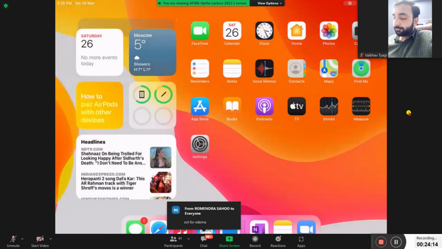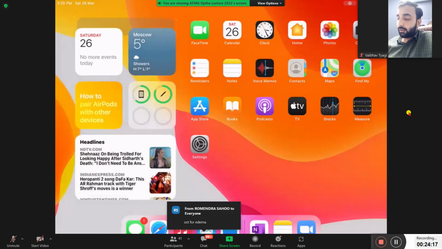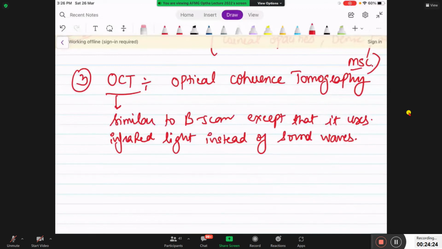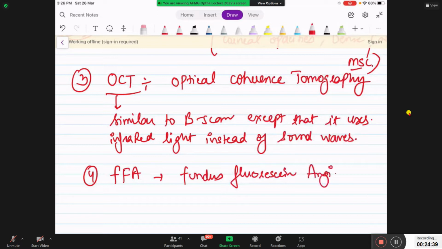So now write down OCT. After OCT, write down. Next investigation is FFA. The full form is fundus fluorescein angiography. Fundus fluorescein angiography. Angio means blood vessels.